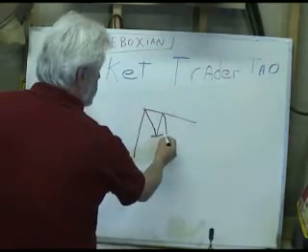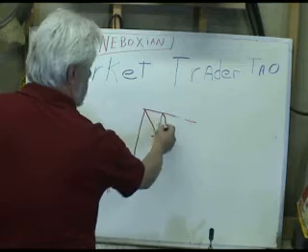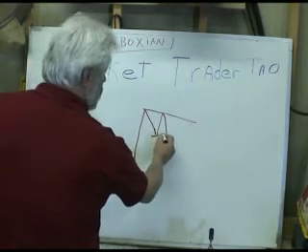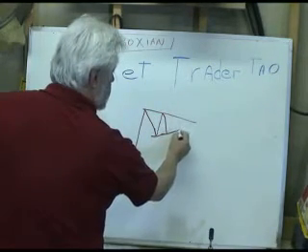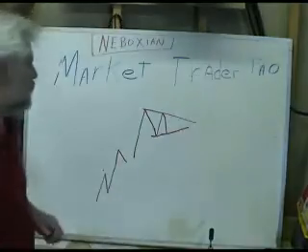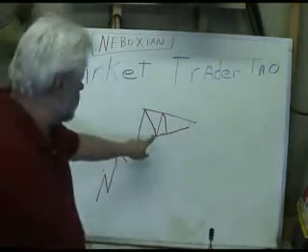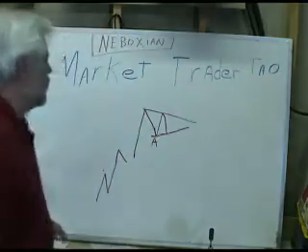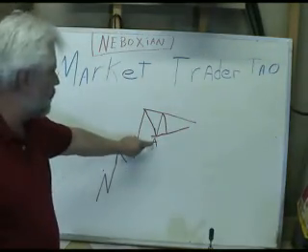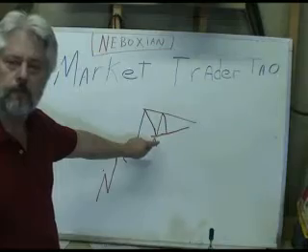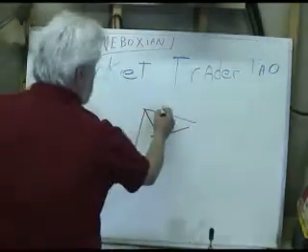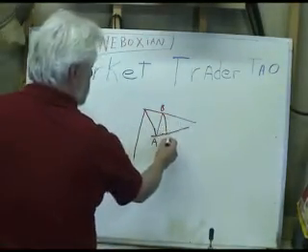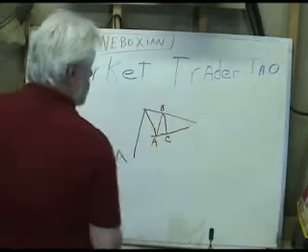Once you've established this second corrective wave, you can start drawing a line from point A. A is always at the bottom of your first correction. And then you're going to have a B. And then down here you're going to have a C.